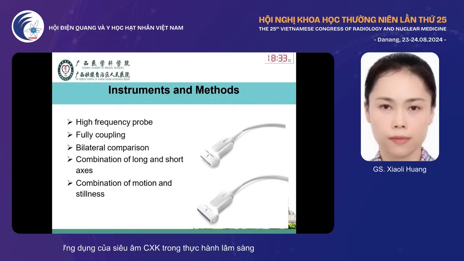For musculoskeletal ultrasound examination, high-frequency probes are used. During the examination, it is important to ensure good coupling between the probe and the skin. Use bilateral comparison, a combination of short and long axes, and a combination of static and dynamic observations.